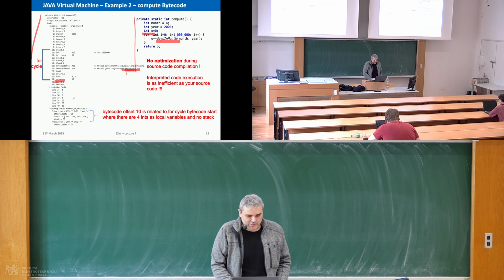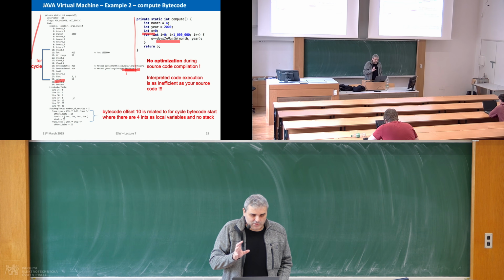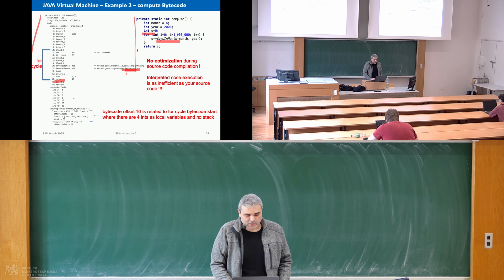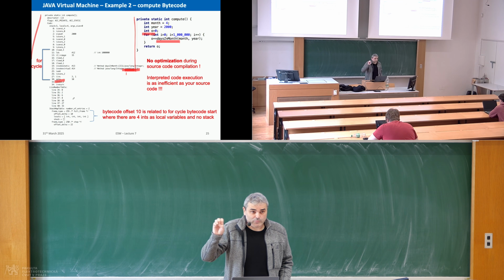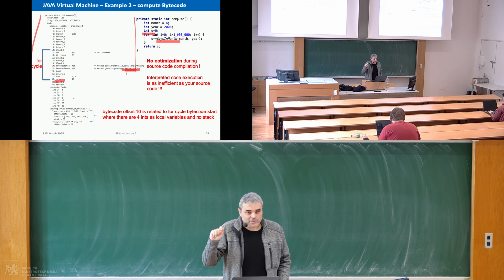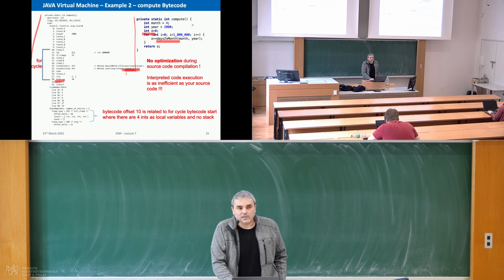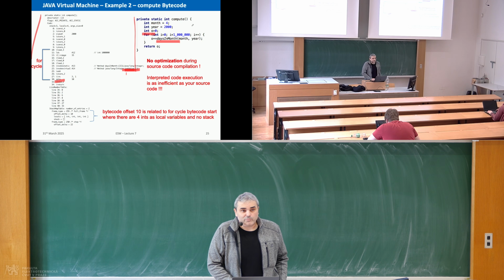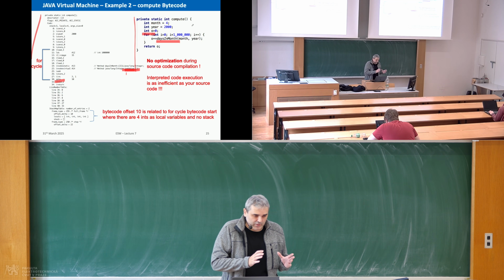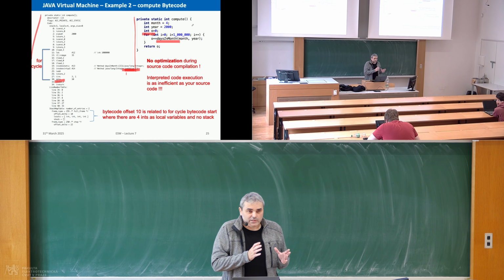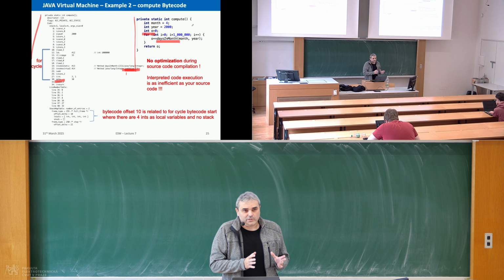What is important to know from these examples is that there is no optimization during source code compilation. Once the source code is compiled into bytecode, it's really a rewrite. So if you write your code wrongly or have too complex algorithms, it will be too complex in your bytecode as well. And keep in mind that this initial bytecode is really what is executed in interpreted mode inside the virtual machine.